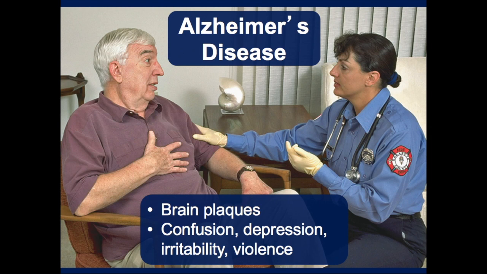So some of the things that you might notice, the patient might have some general confusion. They might have a level of emotional depression, some volatility in their behavior, some irritability, and sometimes they'll have lucid intervals and agitation in between.